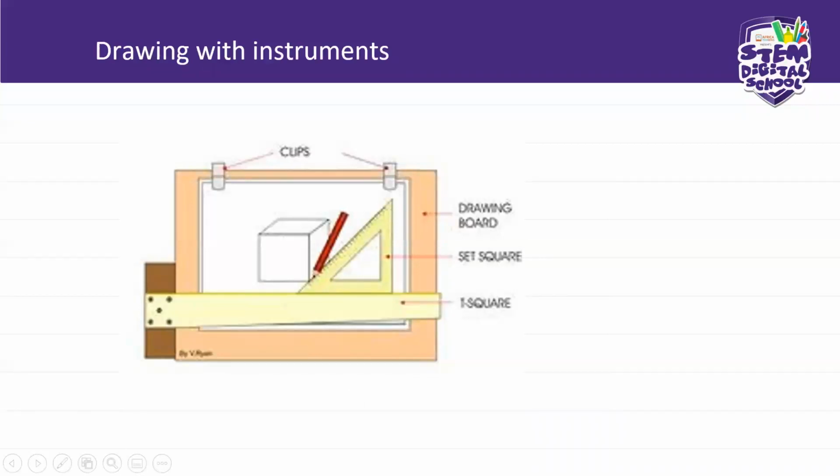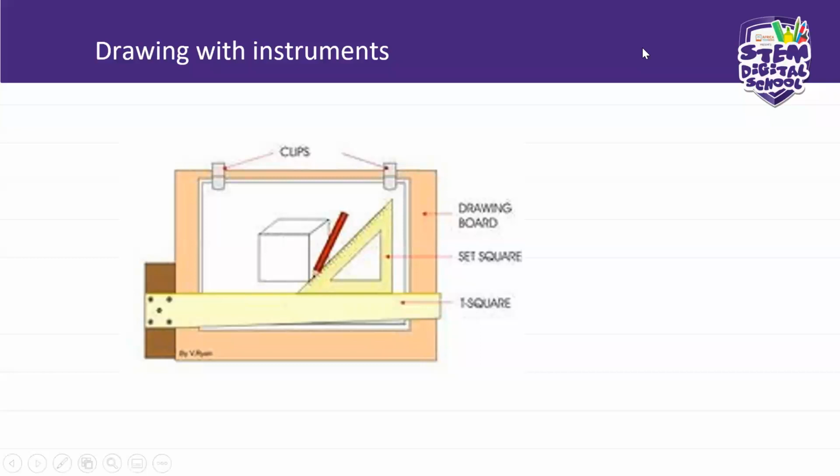When we are drawing with instruments, I don't know if your schools have drawing boards or your parents have bought you drawing boards, but these are the instruments that we use when we do an oblique drawing. What is this set square that we use in oblique drawing? Grade 7?